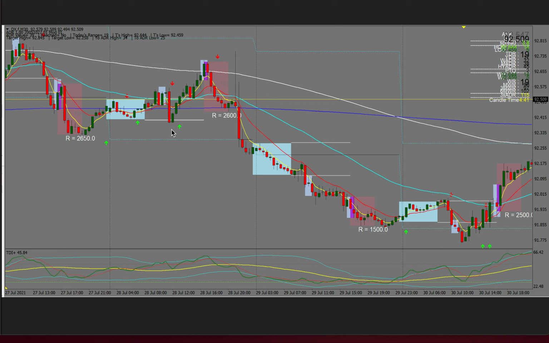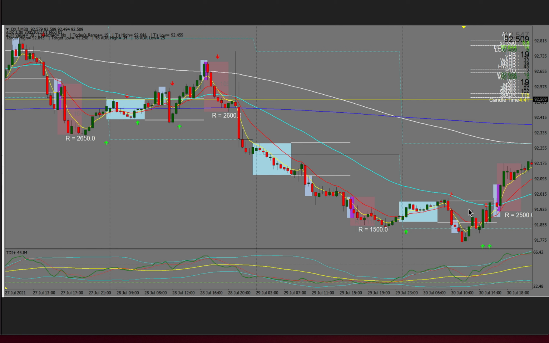You can have red down, green up, red down, green up. That's a W. And then of course it could be an M on a lower time frame, or a V. Here you have red down, green up, red down, green up, green up, red down, green up, red down, red down, green up, red down, green up.